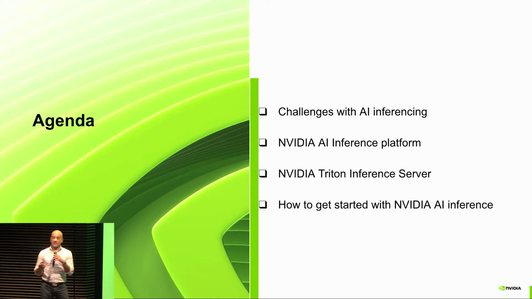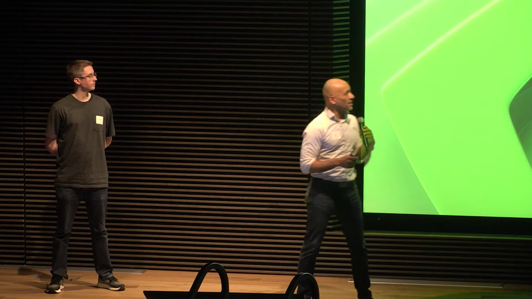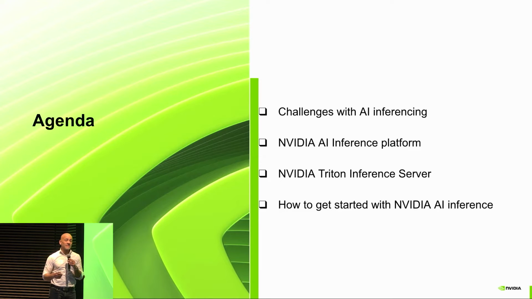Now, we have a short time here together today. We put together a fairly simple agenda. We're going to start talking a little bit about some of the common challenges that we see as enterprises are trying to put AI models into production. And then zoom out and talk about the end-to-end inference stack from NVIDIA and how that full stack helps solve some particular challenges with AI inferencing.